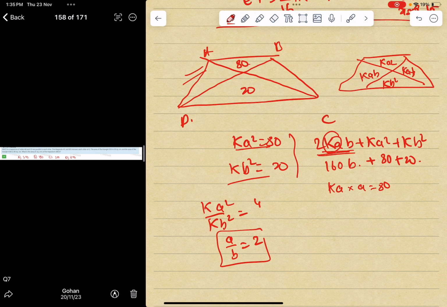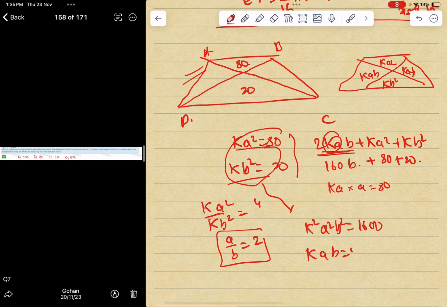Multiply both of them, so we get K square A square B square equal to 1600. So KAB will be how much? 40. I was mistaken. So 40 plus 80 plus 20, so 140 looks the answer.